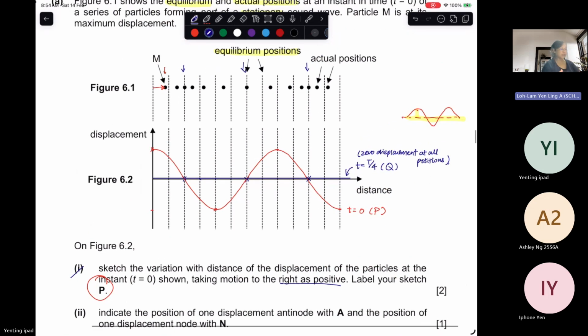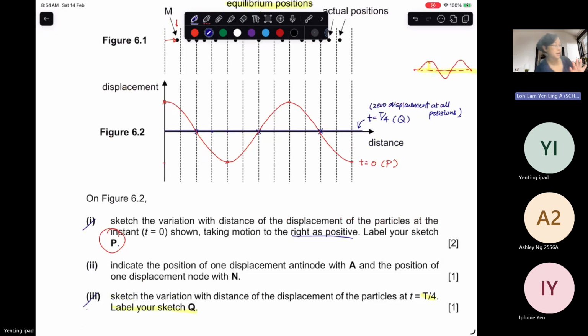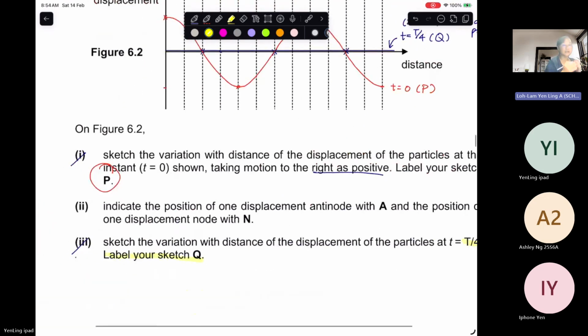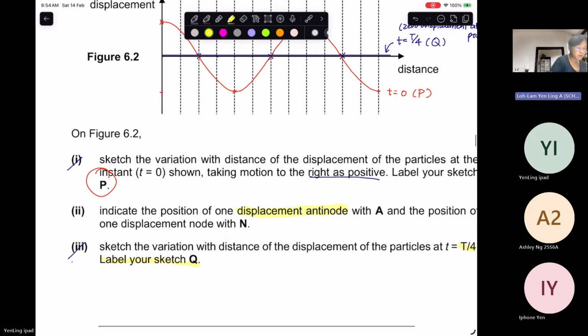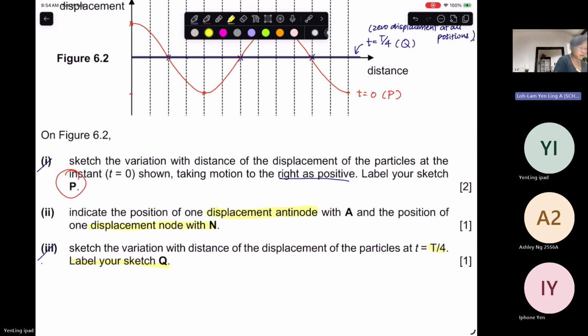Okay, so once this is done, of course you can come back, and then in the second part, the learning objective we are looking at is understanding of terminology, because I think there are certain terminologies associated with stationary wave. You need to know what is displacement antinode, and you need to know what is a displacement node. Some of you labeled multiple ones, but they just wanted one position for antinode and one position for node.